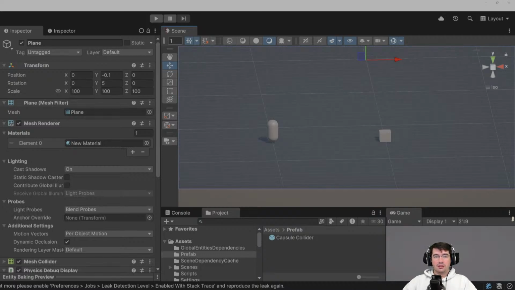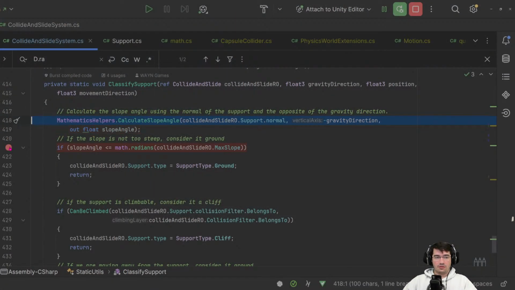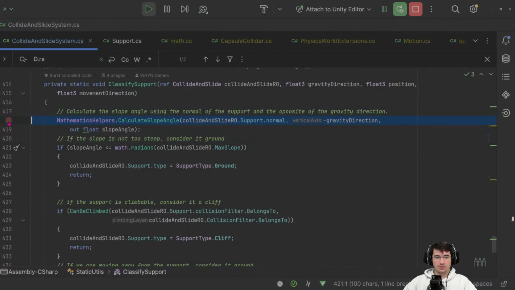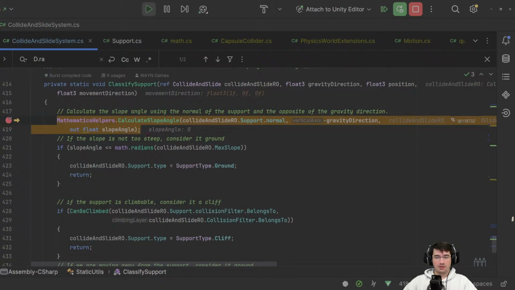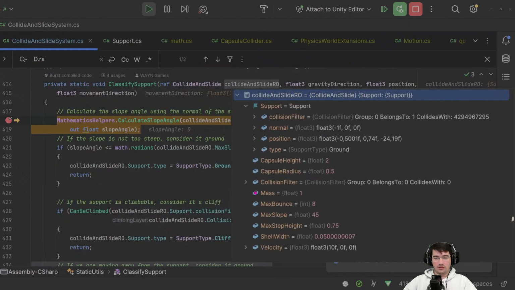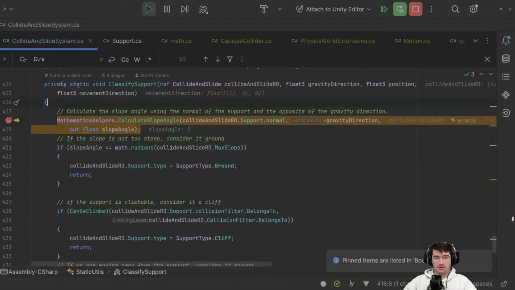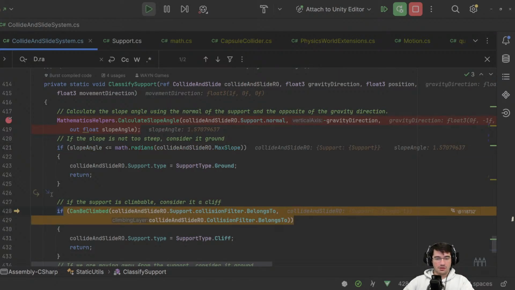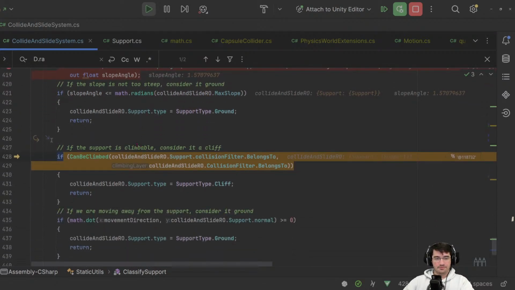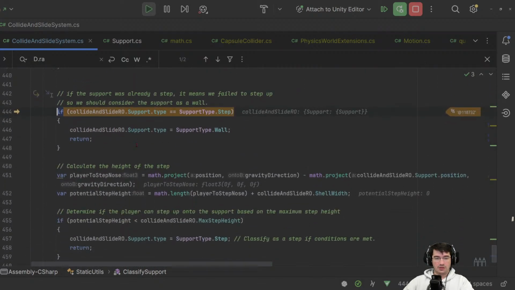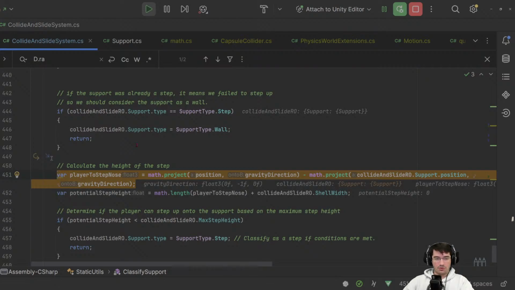Okay, so let's not have these start. Okay, so I'm now stuck on this one, and if I stop here, okay. So normally I should be in the ground path. The slope is very steep. I cannot climb that. I'm not moving away from it. It was not a step.